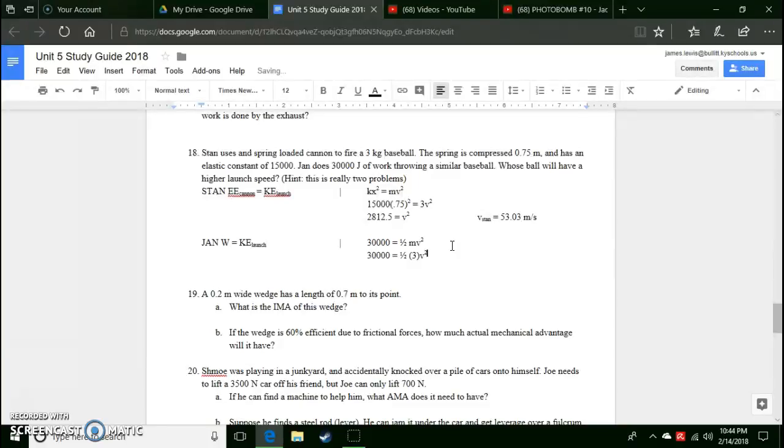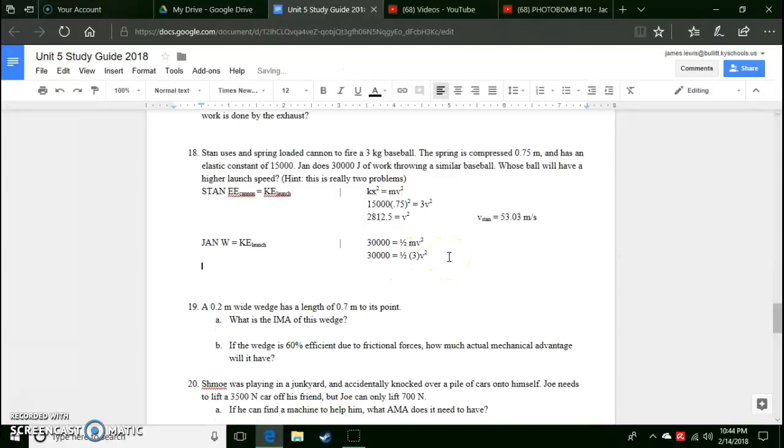So 1/2 times 3 is 1.5. Nope, not times 30,000. Let's just simplify here. 30,000 stays as it is. Then you do 1/2 times 3 is 1.5 v squared.